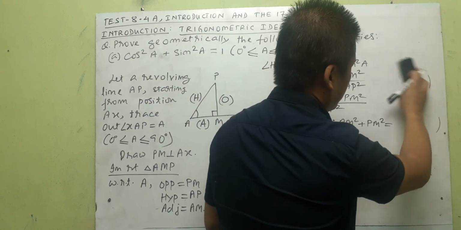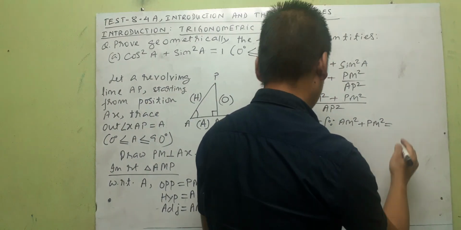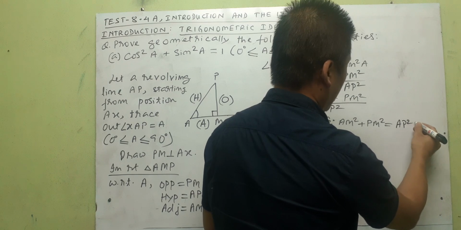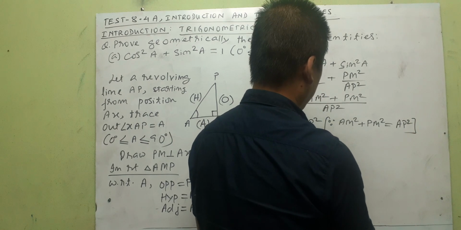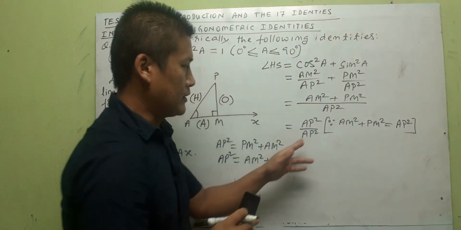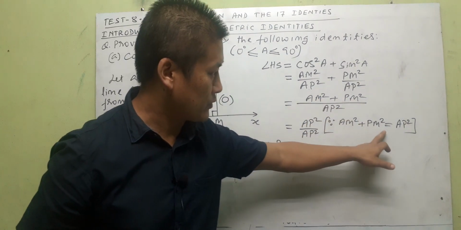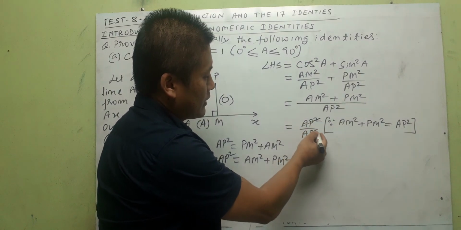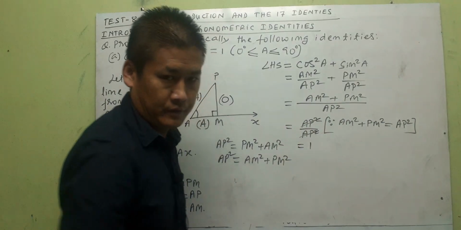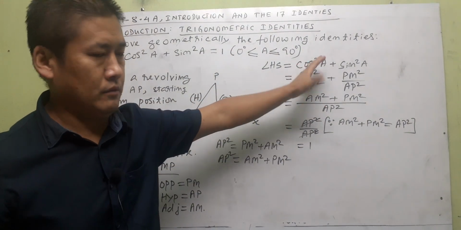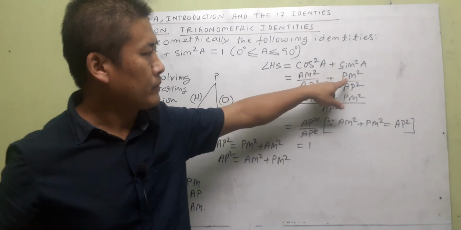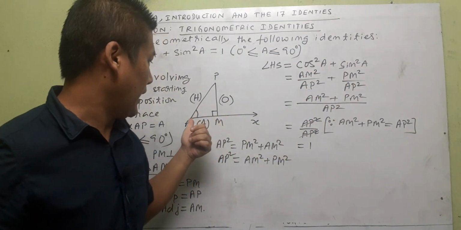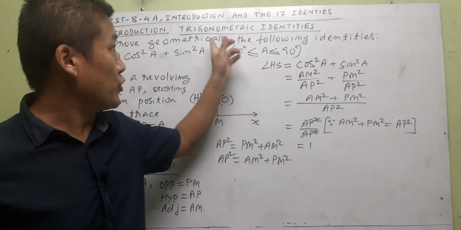In the first proof we are doing it in detail and slowly so we understand. Once we get it, we'll move faster from the next one, okay? So that is the reason why AM square plus PM square has been replaced by AP square. So this one will cancel, and everything cancelling means 1 is left. We did not use any other method, only the sides of this right triangle AMP. So that is called the geometric method, okay?